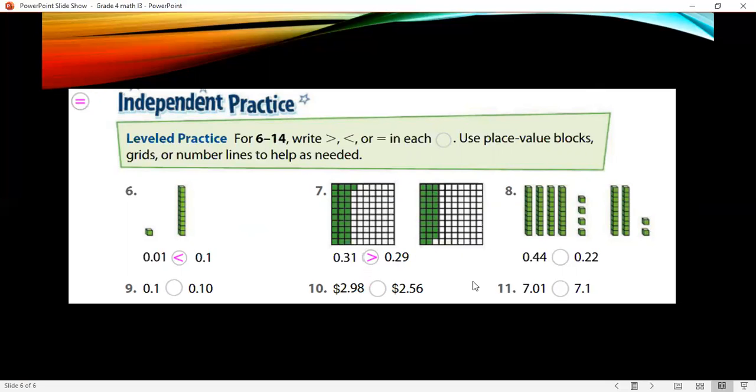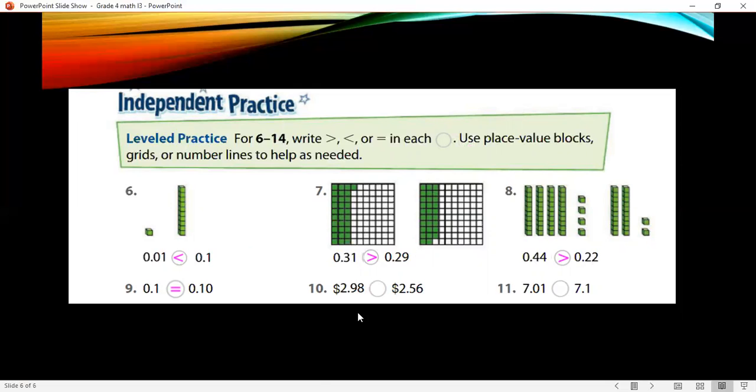When I look at number 8, I can see that the place value 4 is bigger than number 2, which means that 0.44 is greater than 0.22. Number 9, I can see that the place value 1 is equal to 1. We just don't write the 0 there, which means that these two numbers are equal.